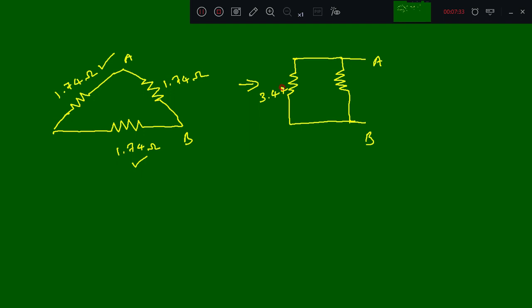or 3.48. This may be 3.48. Then this is 1.74. So this resistor and this resistor are in parallel.